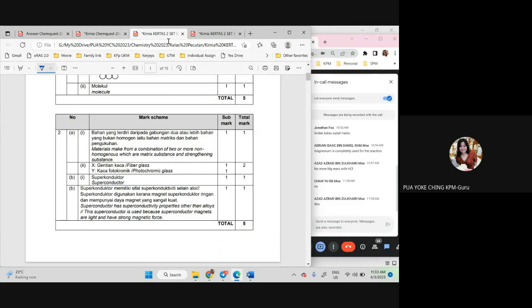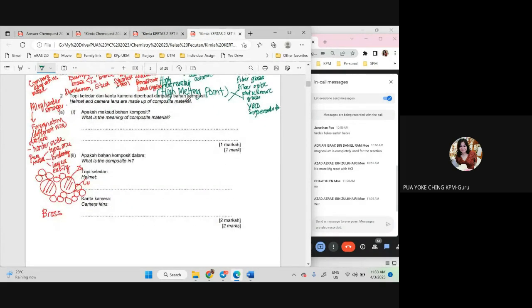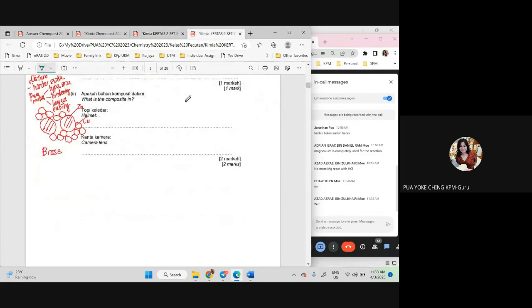Okay, next kita tengok soalan ni pula. What is the composite material in? Okay, dia tanya what is the composite material, maksudnya you kena bagi tahulah. So for topi keledar is your fiberglass. In your kanta camera is your photochromic glass.